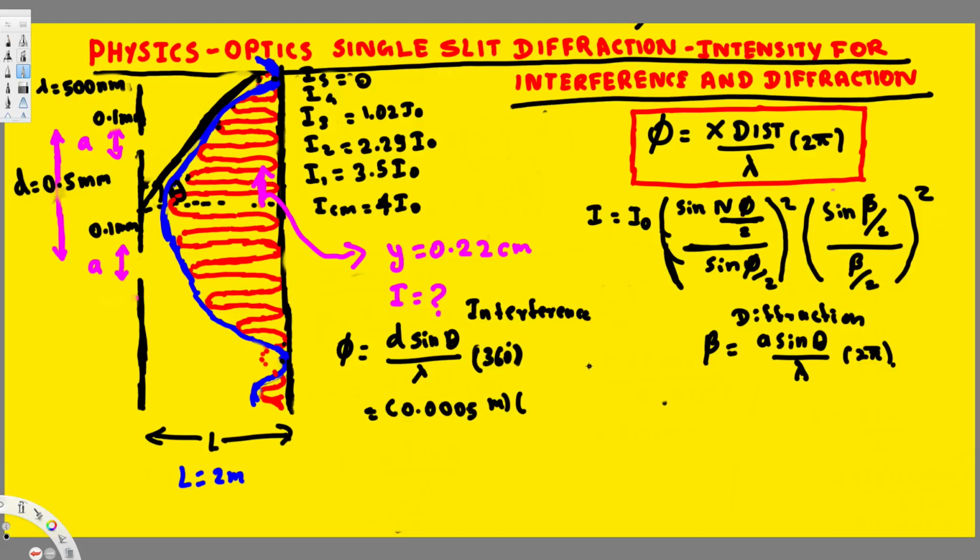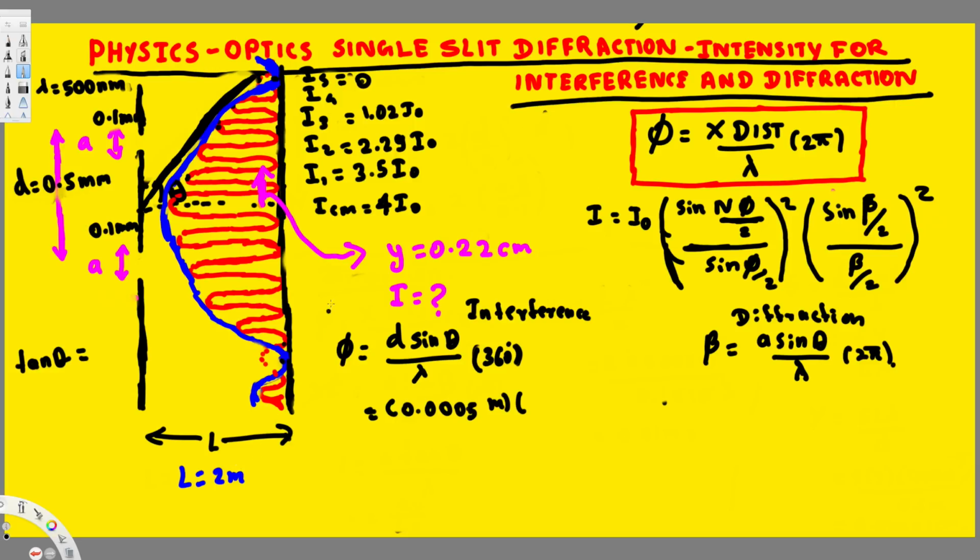Times this one, right? Now instead of sine theta we can put tan theta because we are dealing with a very small angle. Tan theta is opposite over adjacent. So opposite is the total distance over adjacent. We have the adjacent length, that is 2 meter.